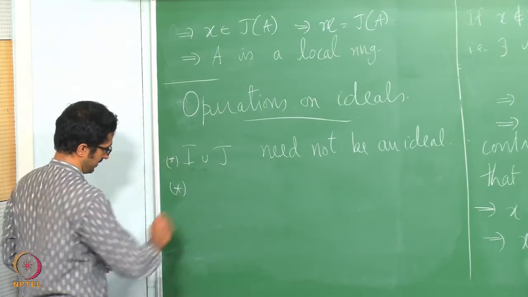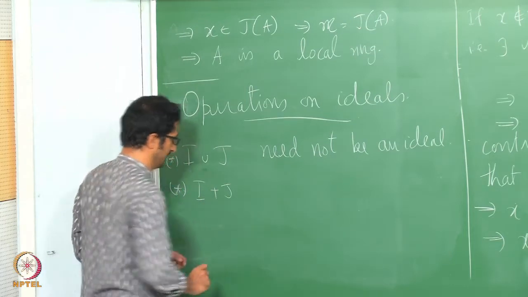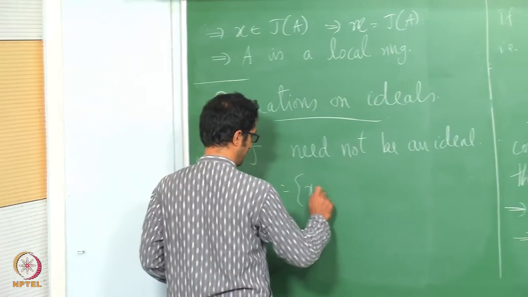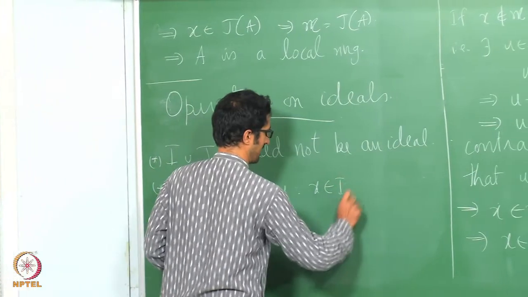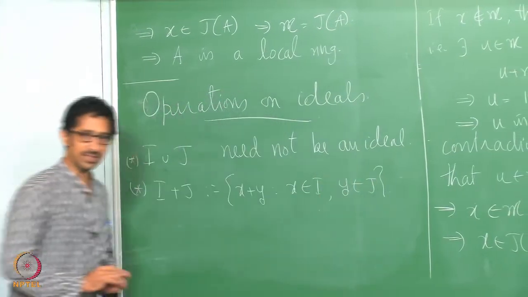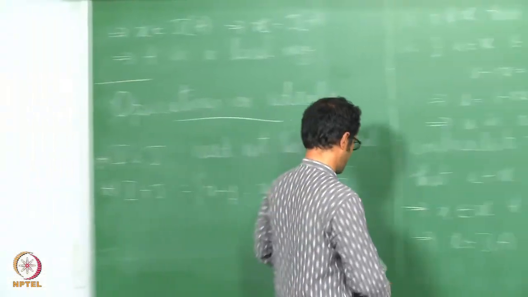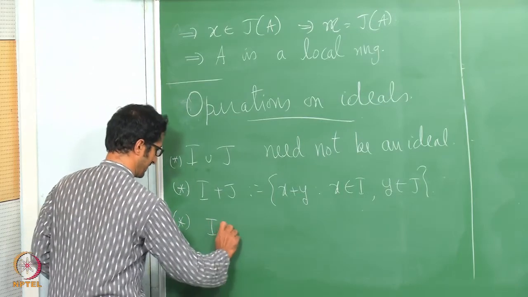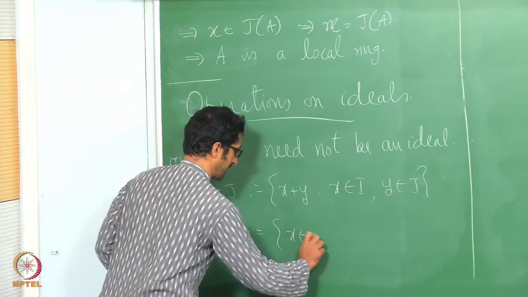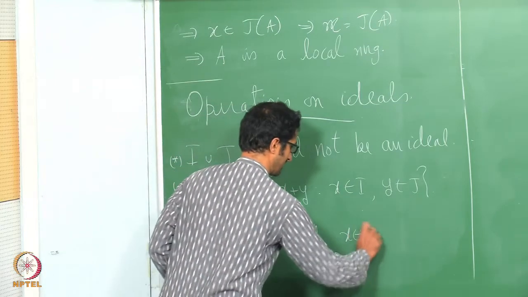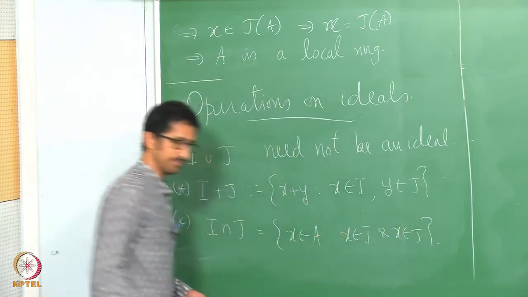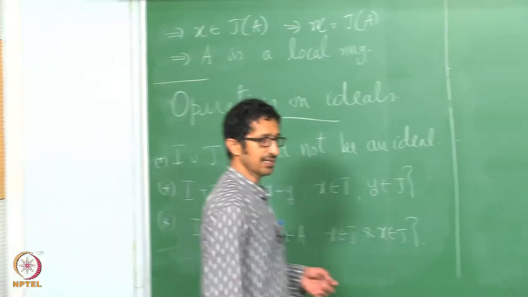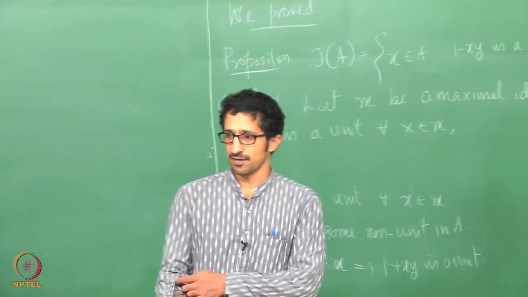Another interesting operation on I and J is I plus J. By definition this is the set of all x plus y, where x is in I and y is in J. Then this is an ideal in A. Third one is I intersection J, the set of all x in A such that x is in I and x is in J. Again, this is always an ideal.